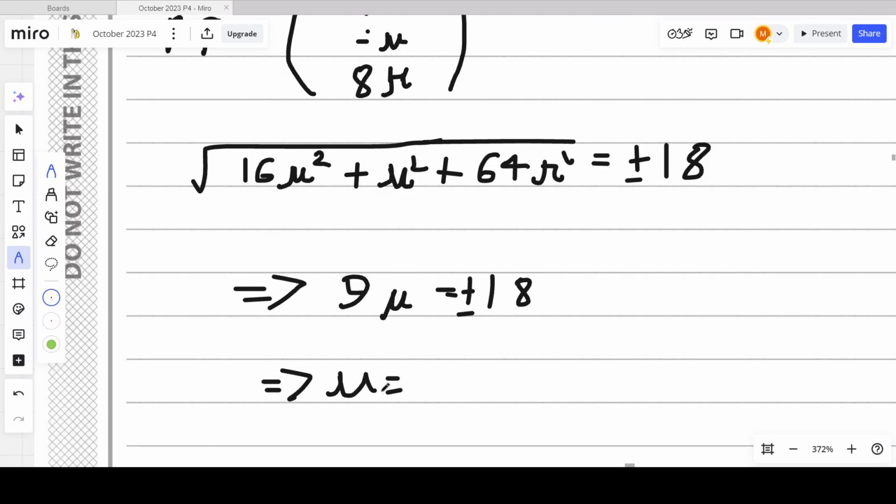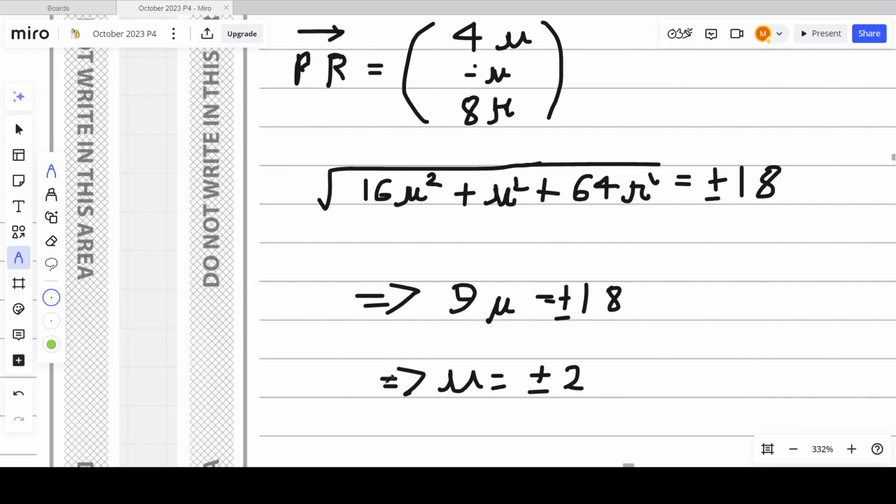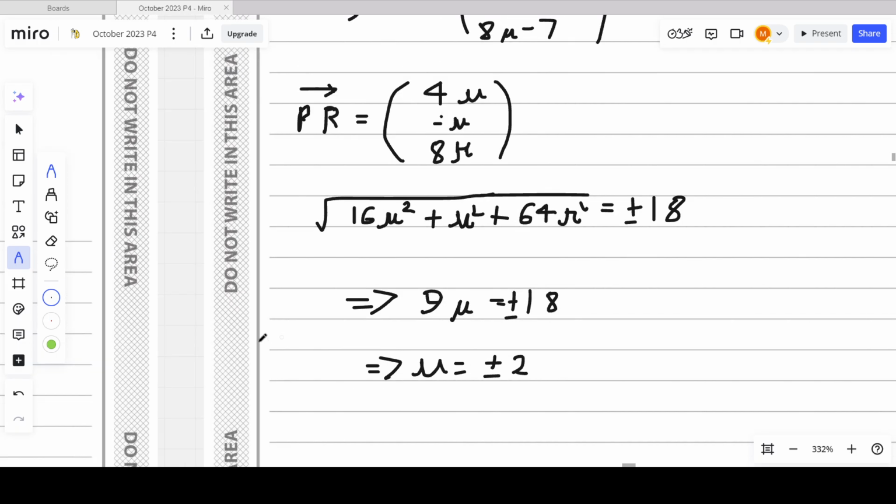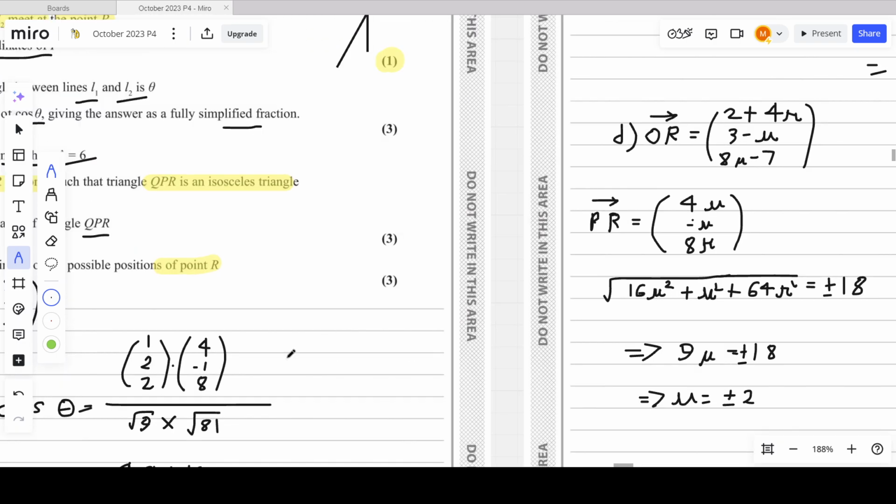How did I understand we need plus minus? Because there is a square root. Now put the value for mu into the equation of line L2.